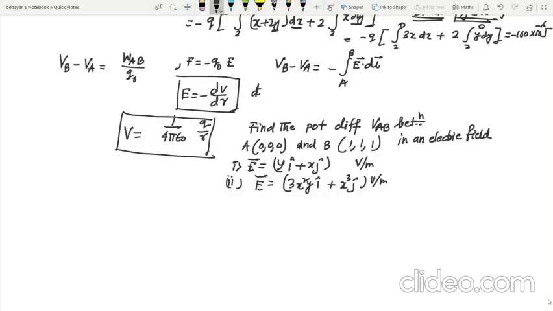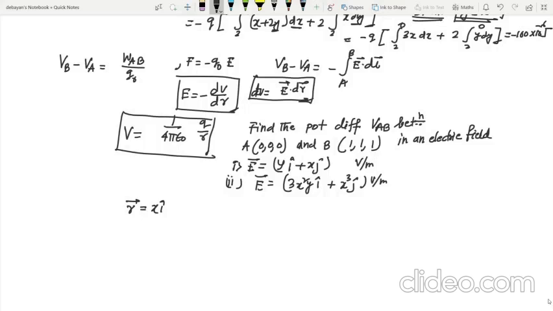Here, what is r? It is nothing but x i cap plus y j cap plus z k cap for 3 dimensions. And dr is nothing but dx i cap plus dy j cap plus dz k cap.